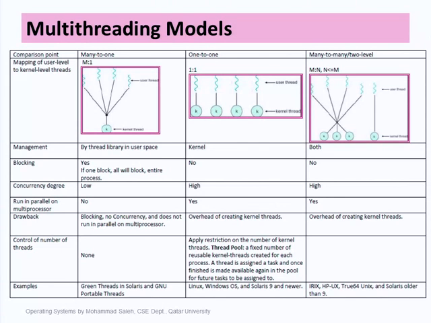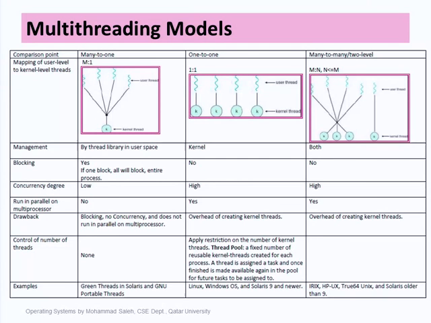However, in this case, no, because each thread has its own what? Kernel thread. As well as in here, because most of the time we have a process where some of the user-level threads are mapped together to one kernel thread, but others are also what? One-to-one. So if one blocks, the other threads mapped one-to-one can still proceed.